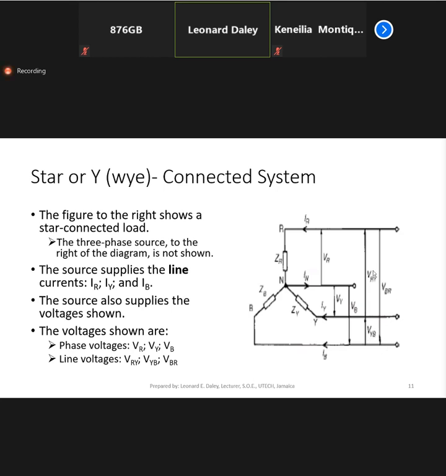And between the blue line and the red line, we have VBR. All right, so line voltages will have two subscripts for the lines, two line subscripts. The phase voltages can be written as this, or they can also be written as VRN, VYN, and VBN.